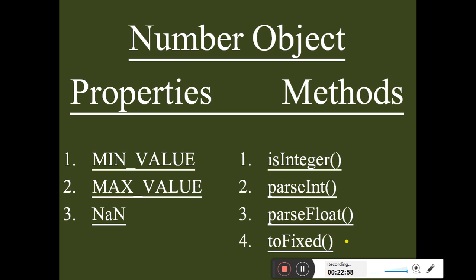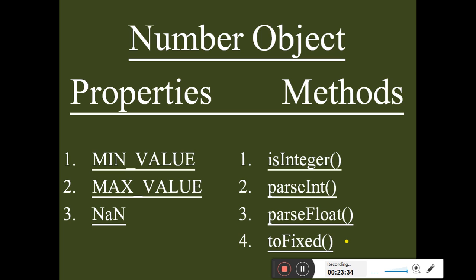Okay. Now today we have discussed the Number object, properties and methods. We have seen three properties: MIN_VALUE, MAX_VALUE and NaN. MIN_VALUE is the minimum possible value in JavaScript. MAX_VALUE will return the maximum positive possible value in JavaScript. Then NaN. What does this NaN mean? Not a number. We mostly use this NaN property in conditions, to check the conditions.